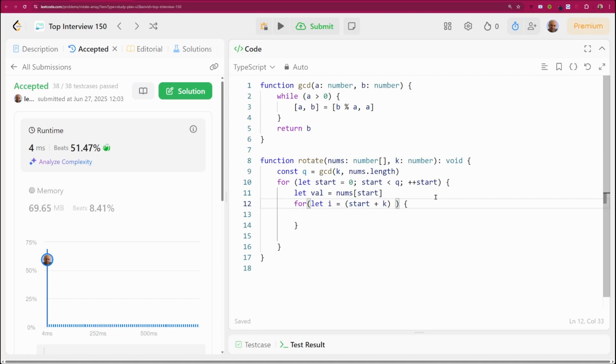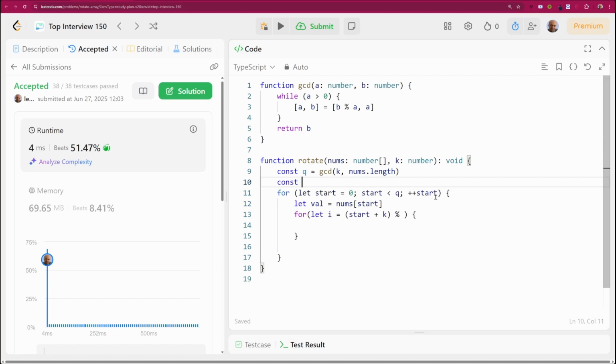So I need to take n equals nums length. So we're going to start from here. Then we're going to stop as soon as we finish, or as soon as we reach where we started, right? So until I is not the same as start, we're going to keep doing it.